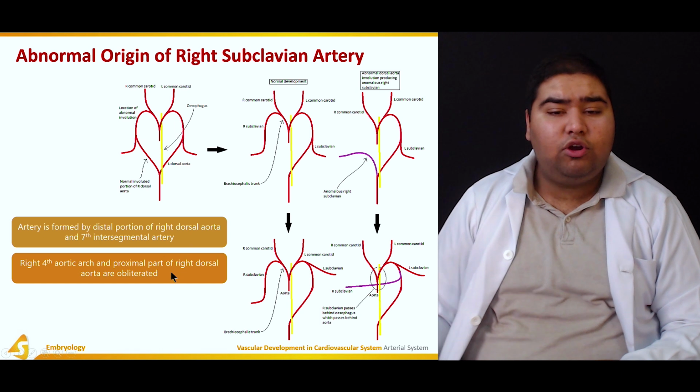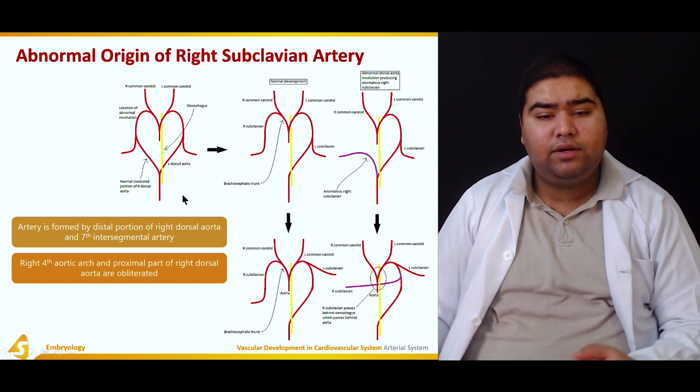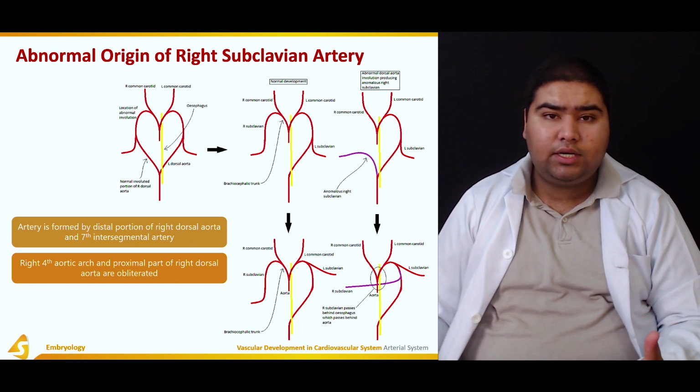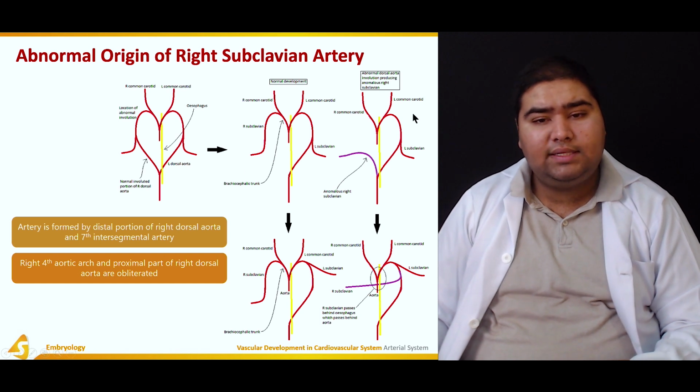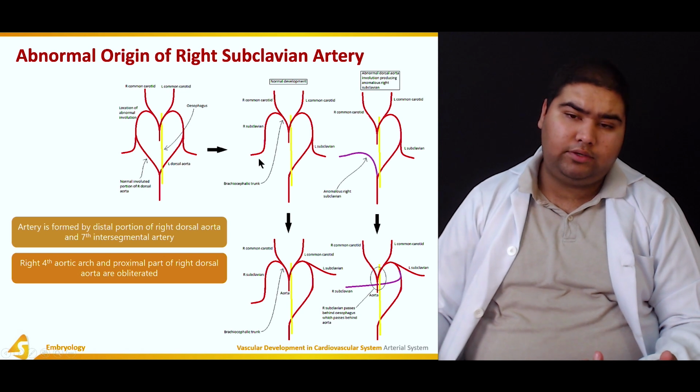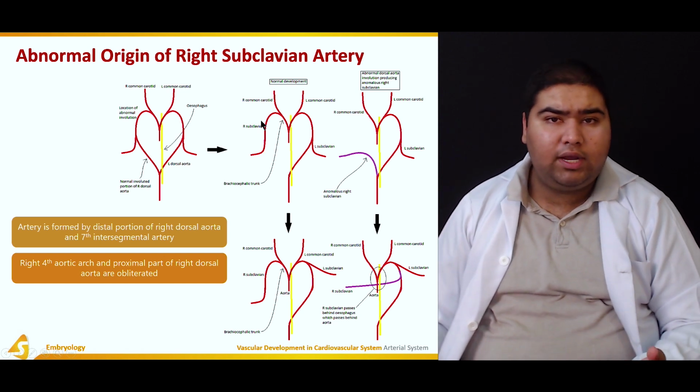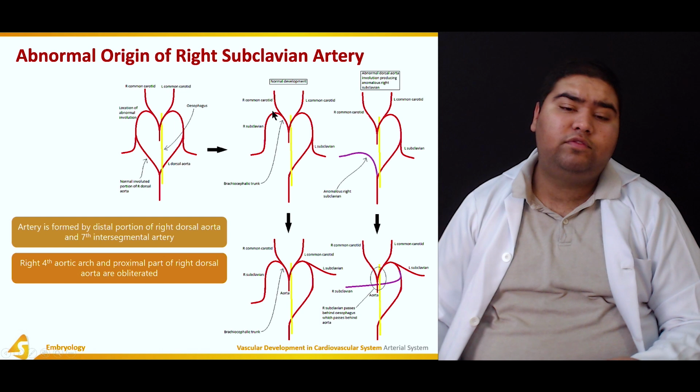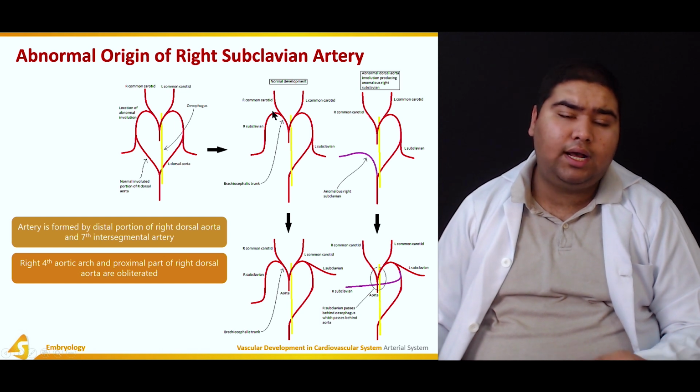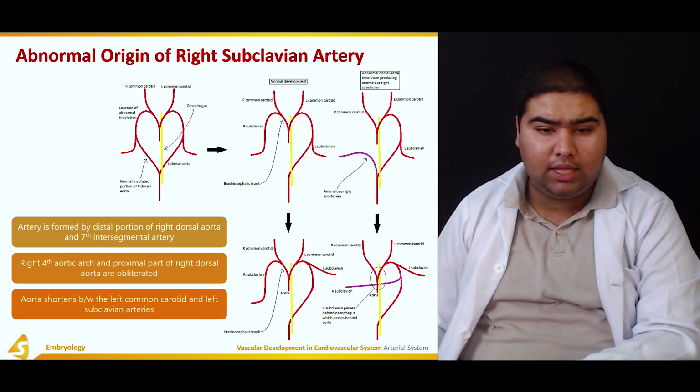The right fourth aortic arch and proximal part of the right dorsal aorta are obliterated. So instead of this section being obliterated, the upper portion is obliterated. So the right fourth aortic arch and the proximal part of the right dorsal aorta are obliterated. They are not there anymore.